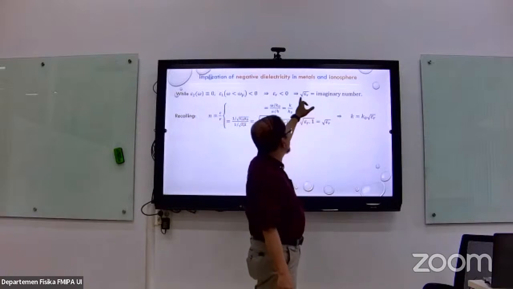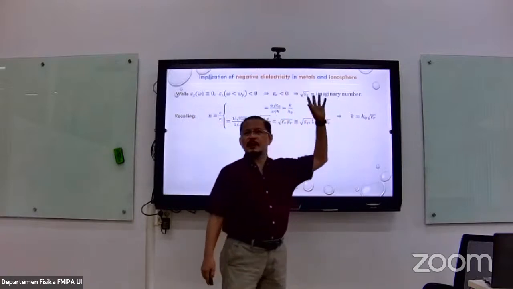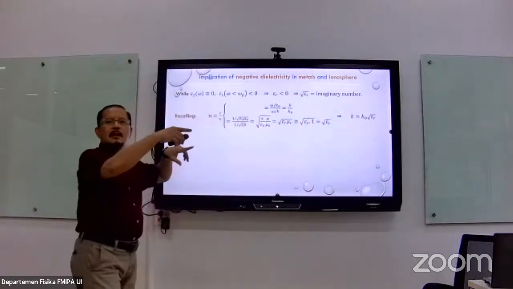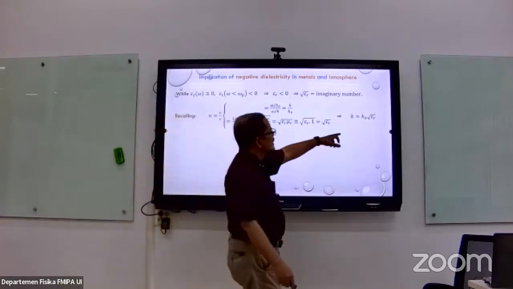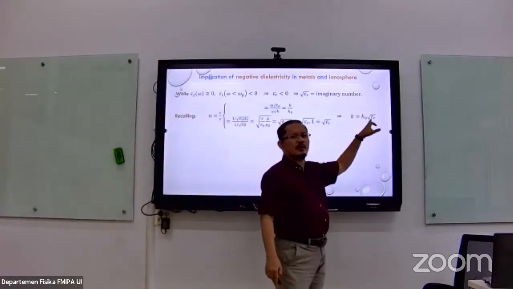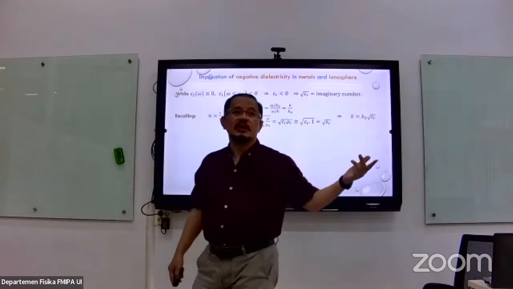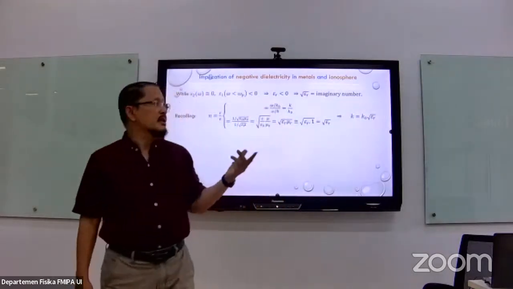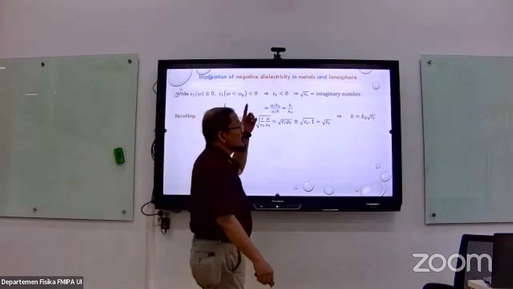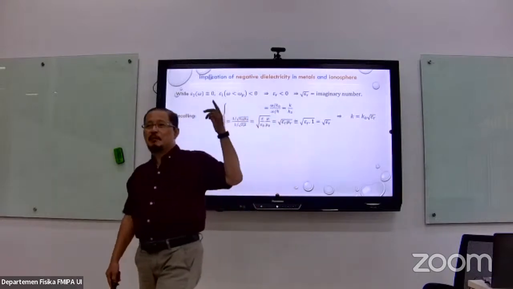As before, we have concluded that in our case, when omega is less than omega p, this square root of epsilon r is the square root of a negative number, which is imaginary, right? Square root of a negative number is imaginary.